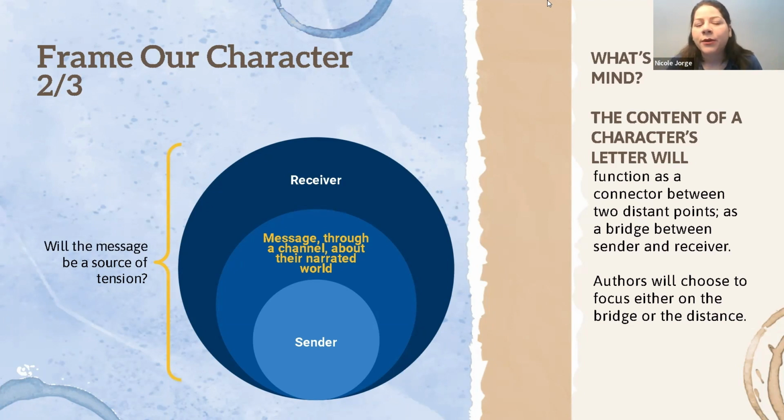Or even, how will it create conflict? Because of that whole idea that every line should either advance the plot or reveal character. Well, in our letters, when we're choosing to write letters intentionally, it needs to be in some way, shape, or form a source of tension.